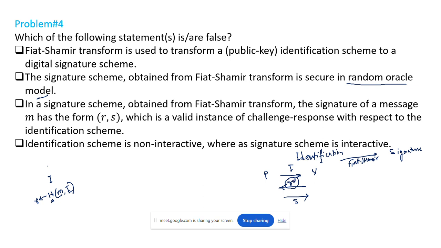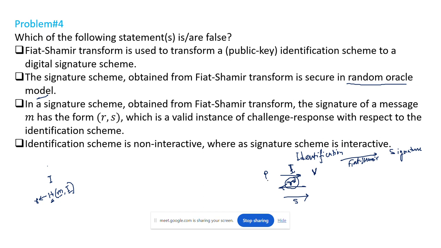So this challenge is picked by the verifier. The commitment that the prover sends to the verifier must be sent before it sees the challenge of the verifier. Otherwise, it is able to cheat trivially, right?